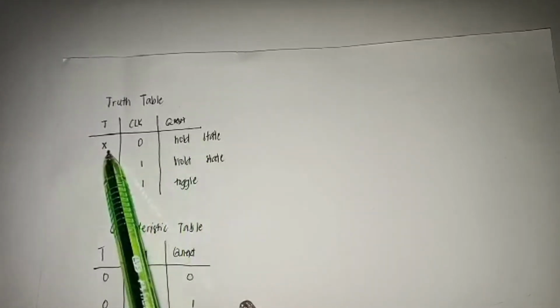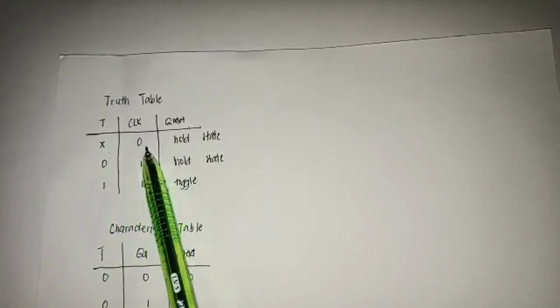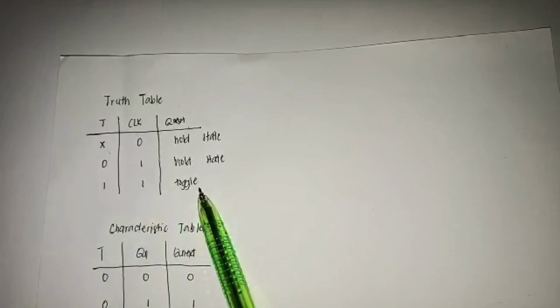Regardless of whether T is 1 or 0, if there's no clock pulse, the output is in hold state. If the toggle input is 0 or low and there's a clock pulse, it's still in hold state. But if the toggle input is high and there's a clock pulse, the output will toggle.